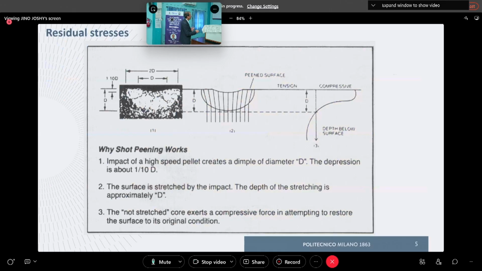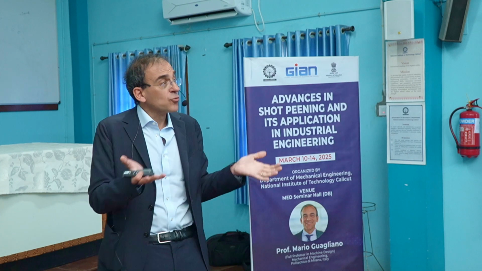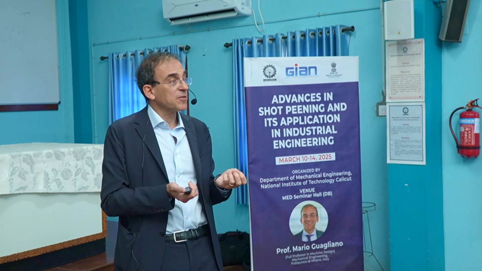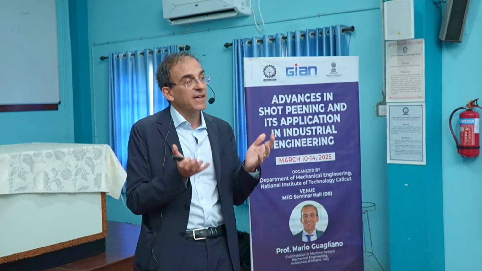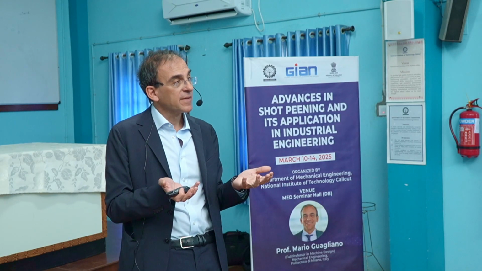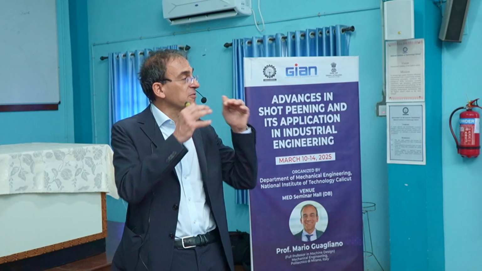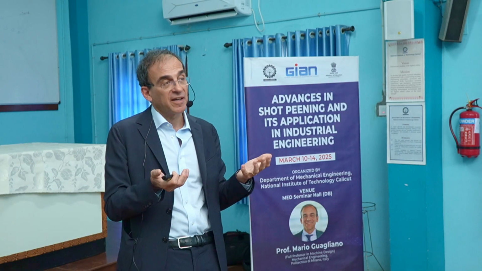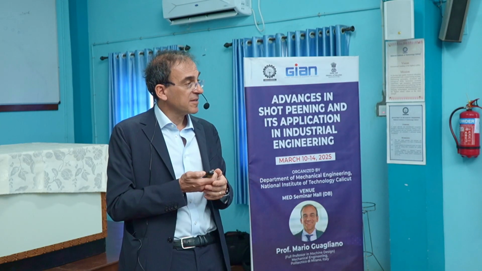What happens is that the layer under D, the deeper layer, tries to go back to the initial position because it is not plastically deformed, it is elastically deformed. But it cannot, because the upper layer prevents this going back to the original position.